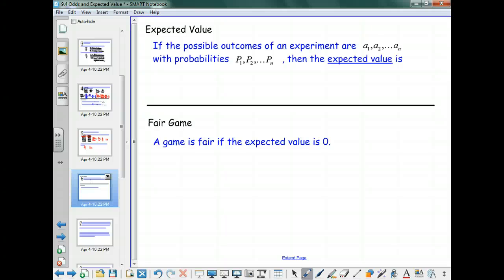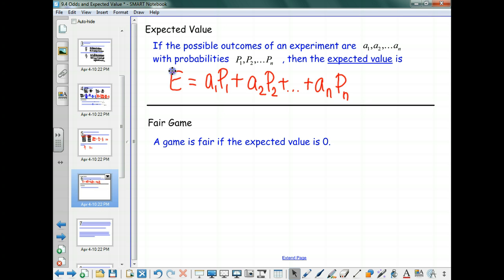And each of those branches has a probability. This is just the picture we've been working with. The way that we get expected value is we take, call it E, the event A1 times its probability plus the event A2 times its probability all the way down to event AN times its probability.